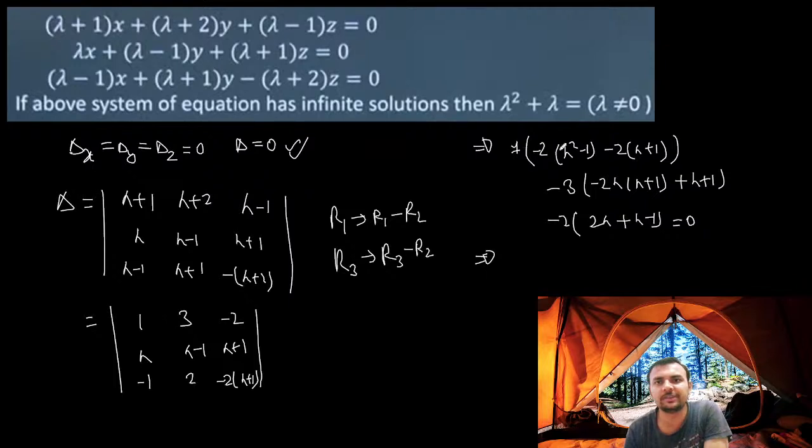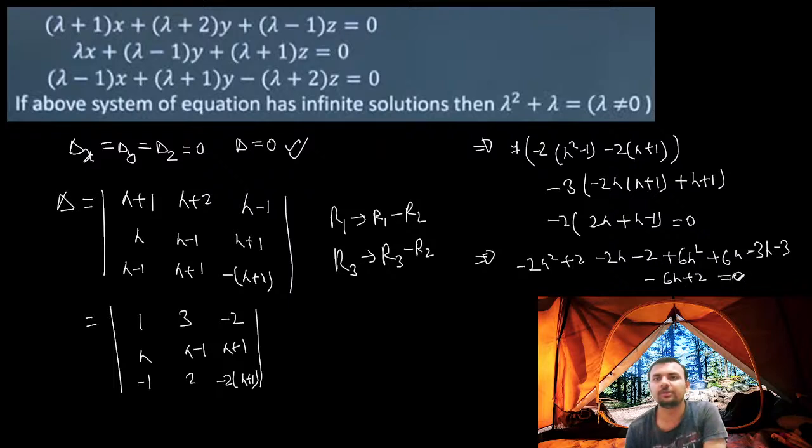So let's solve it. This is 1 minus 2 lambda square plus 2, minus 2 lambda minus 2 plus 6 lambda square plus 6 lambda, minus 3 lambda minus 3, minus 6 lambda plus 2 equal to 0.